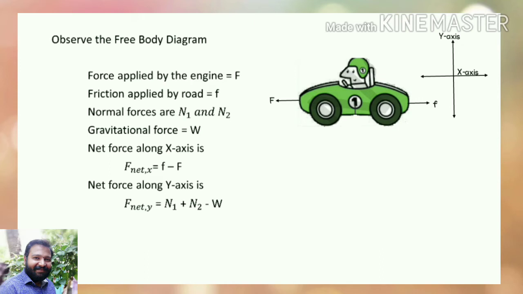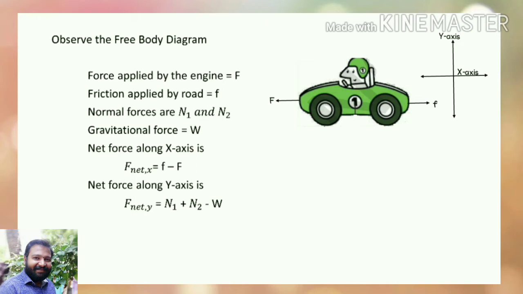Here the car is moving along the applied force direction, so the friction acts on the car in the opposite direction. Friction always acts opposite to the motion of the body. Here, due to applied force, the car is moving left side, but the friction wants to stop the motion, so it acts towards the right side. Good. So these are the two forces acting along the x-axis, meaning the horizontal direction.